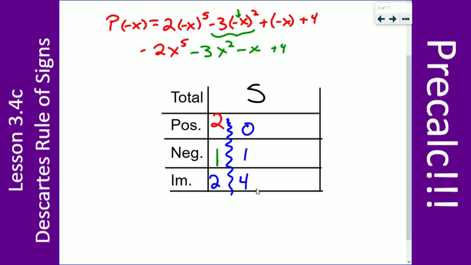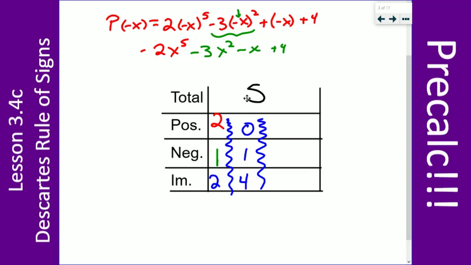See how these columns continue to add up to 5? Now, since we have 0 positive, if we subtracted 2 again, we would have negative 1 solutions, which doesn't have any kind of meaning. So we're stuck here. Whenever you get down to 0 or 1, you can stop subtracting 2. So these are the possible solution outcomes of this polynomial.